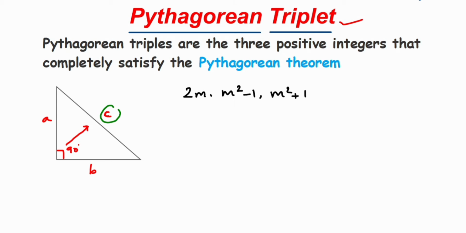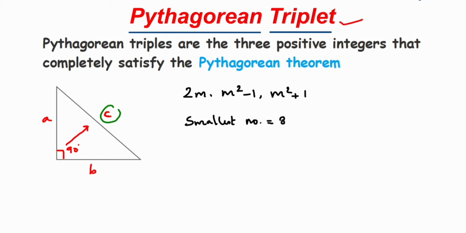If one such number is given to us and they're asking us to find out the other two, then we can use this and we can find them out. Let us take one example. Suppose they are asking us to find out the Pythagorean triplet, and they have given the smallest number is 8.